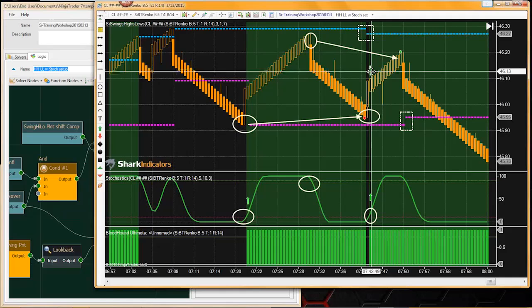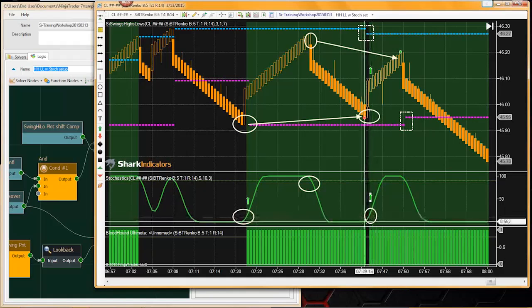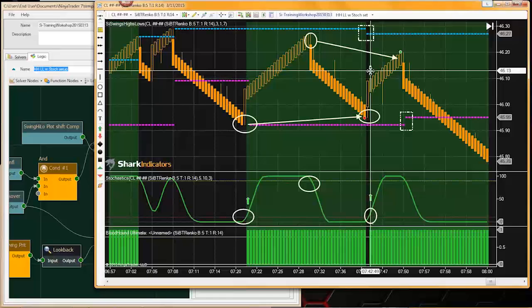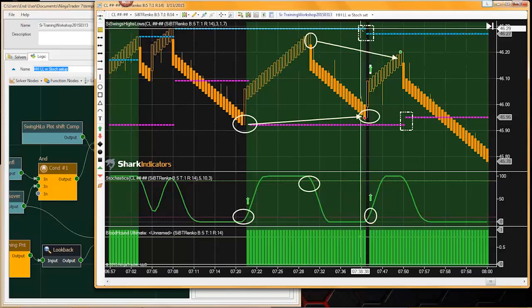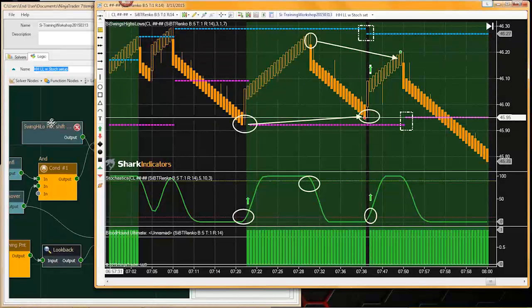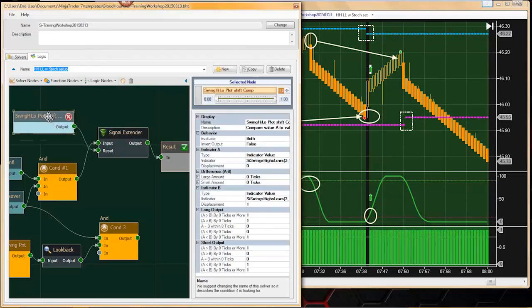This arrow represents when our stochastic crossover happens. So this is where the final trade signal is going to happen. It's going to happen on this bar, but we can see that the swing indicator shifts down a little too soon. So we're turning the signal extender off a little too soon.